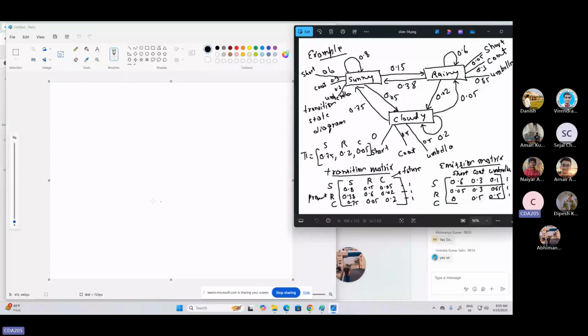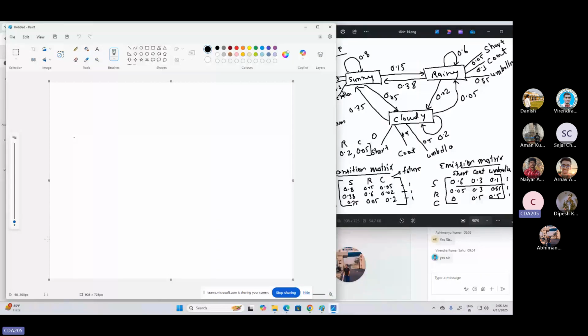Now you see this diagram. So we can see that we can take one condition, that is this is short, this is coat, and this is umbrella. This is the observed state.